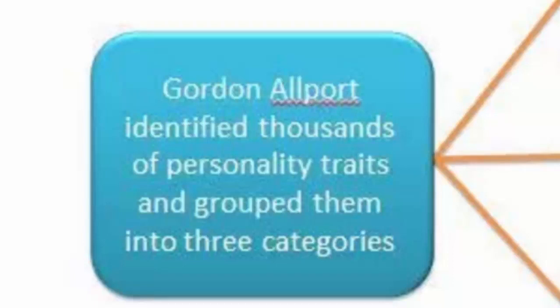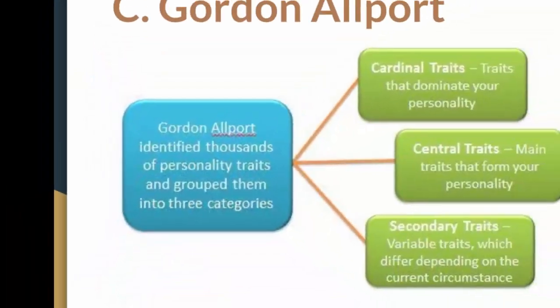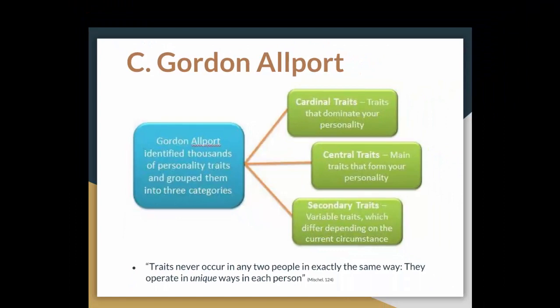If I'm not mistaken, he found about 22,000 different words that he was able to say could be a personality trait. Through some different statistical analyses, he narrowed that 22,000 list down to 4,500, but that's still a lot of different personality traits.